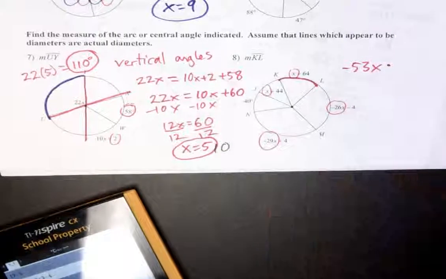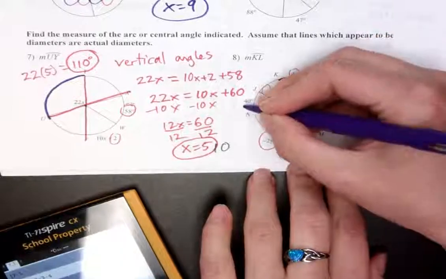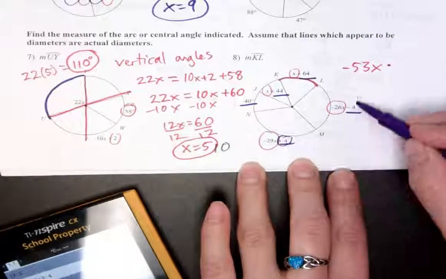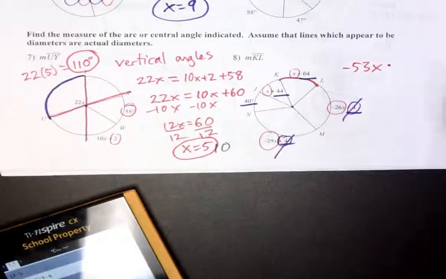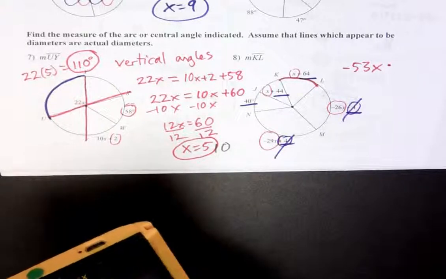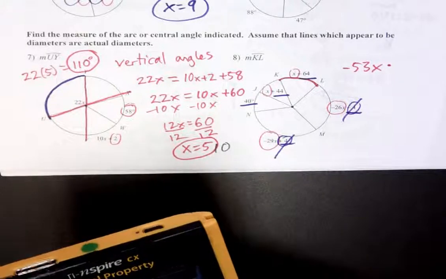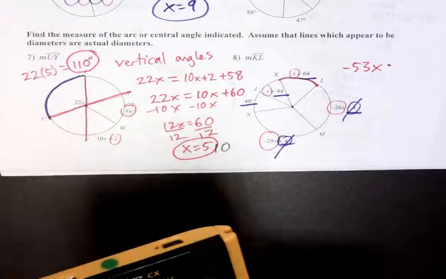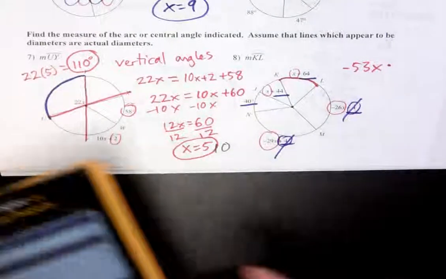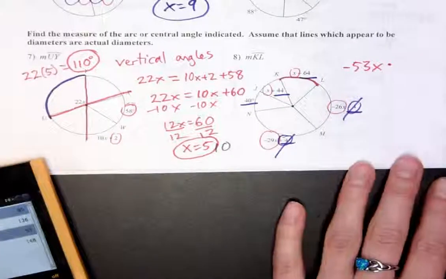And then I have 64 plus 44 plus 40 plus 4 minus 4. The plus 4 minus 4 can just cancel each other out. So I do my 44 plus 40 and then plus 64. That is a positive 64.